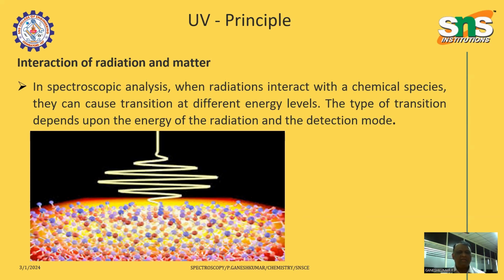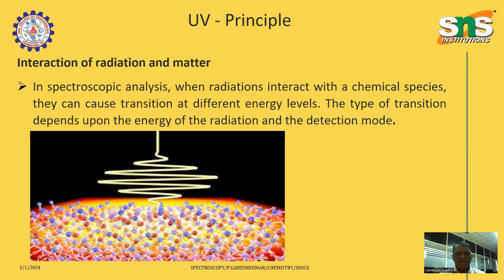How does the absorption take place? The electrons in the orbitals get excited by absorbing these energy levels and move to an excited state. So the amount of absorption is represented by a wavelength region.